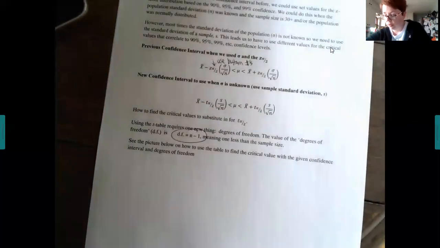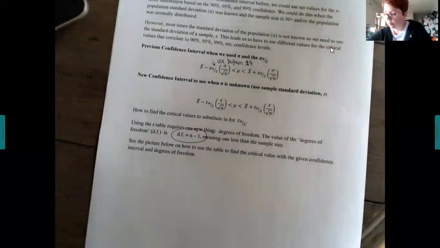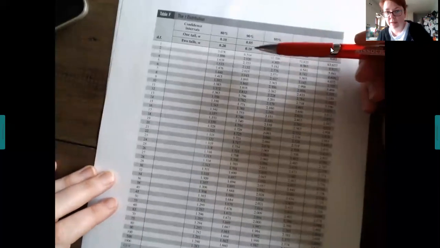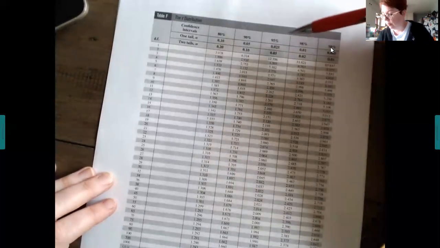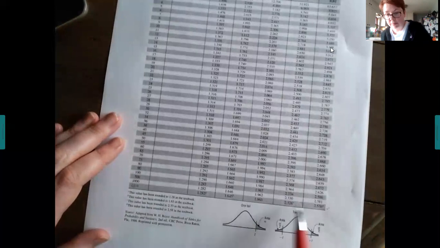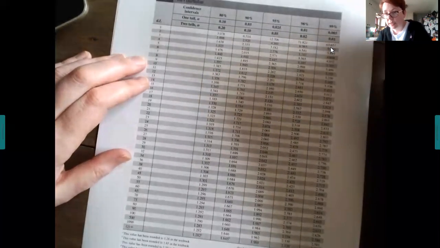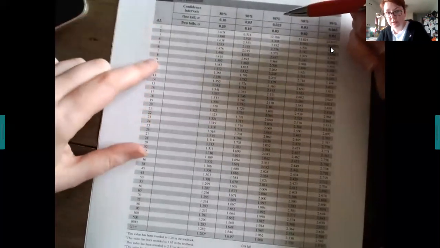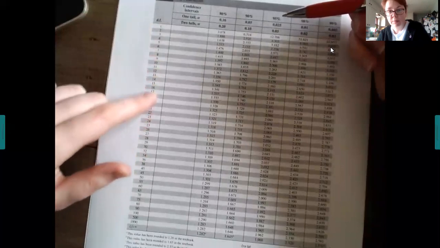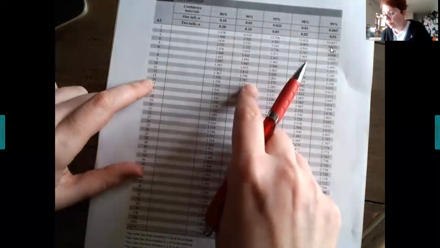So in our table F, if we are given a confidence level, the 80, so on and so forth, we use those numbers at the bottom, where that Z number is, okay? But if we have a sample standard deviation, we have to use our degrees of freedom, and then we go over to whatever correlating confidence level we want.